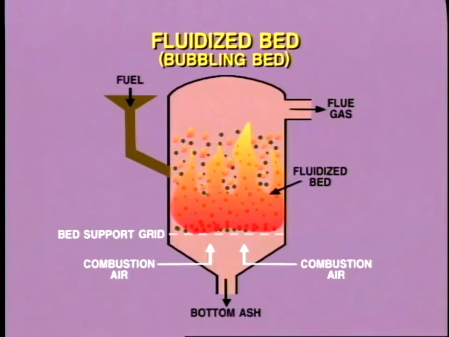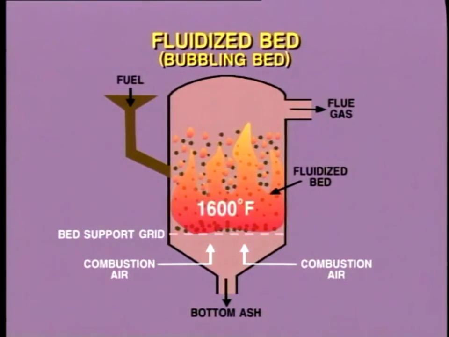Well, the fluidization creates excellent mixing conditions, and this allows heat to be spread evenly across the bed, with the result that good combustion takes place at a temperature of about 1600 degrees Fahrenheit. This is much lower than with other types of combustion. This lower combustion temperature has several advantages, especially when burning poor quality fuel.